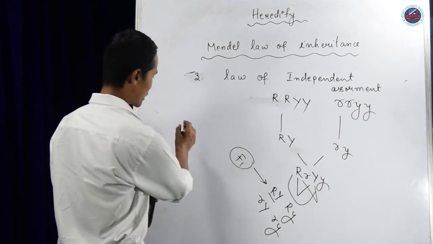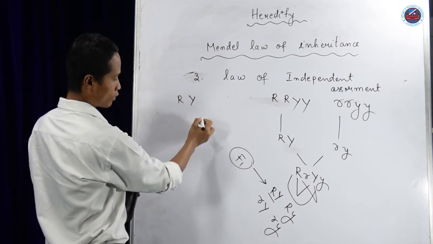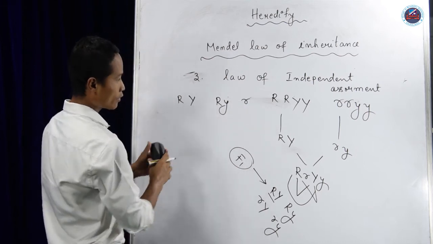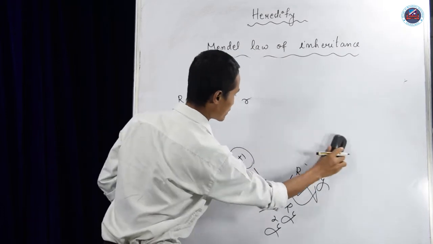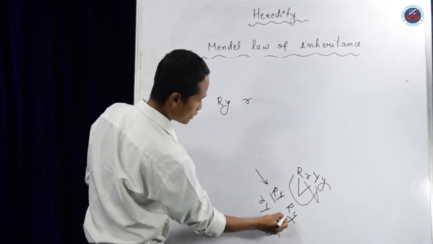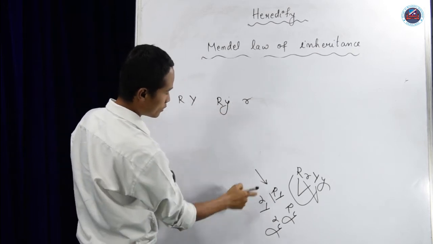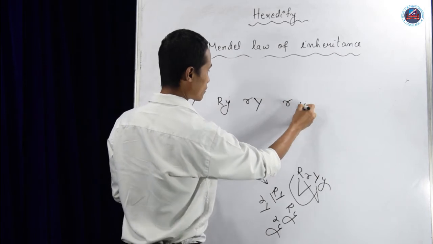Let's go for selfing now. Capital R, small y. I want all the students to look properly, to understand this concept, to understand Mendel's law of independent assortment. So this is capital R, capital Y, capital R, small y, small r, capital Y, small r, small y.